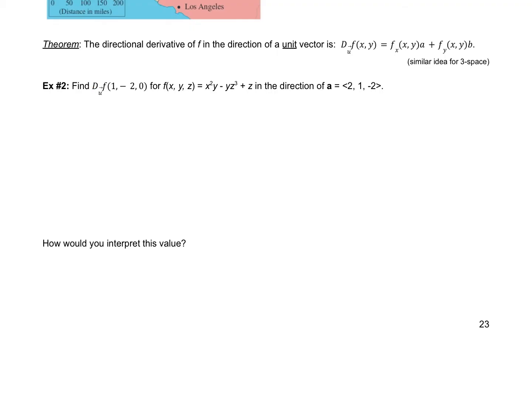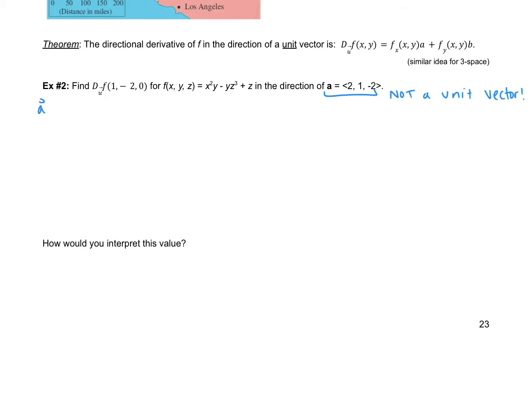Find the directional derivative in the direction of u at the point 1, negative 2, 0 for this function in the direction of this vector here. Now, first thing I want to point out to us is that this vector is not a unit vector. So in order to use that theorem above, we're going to need a unit vector.